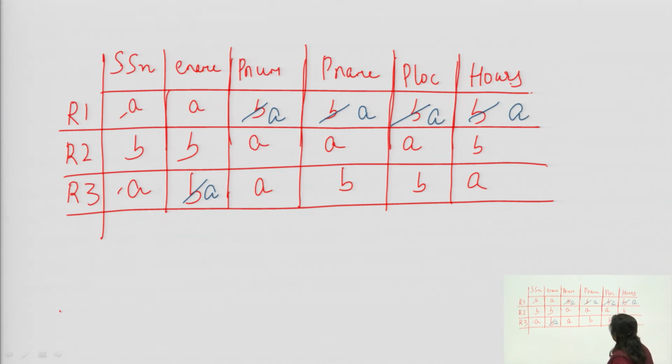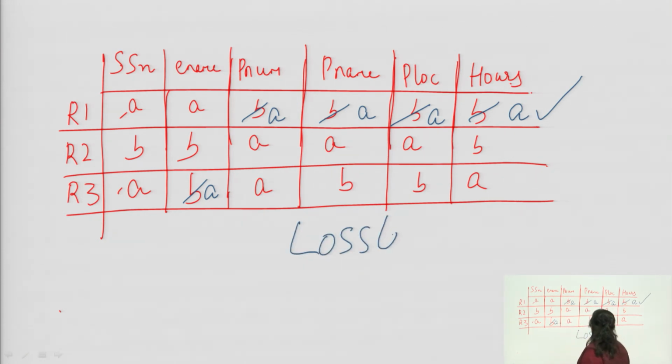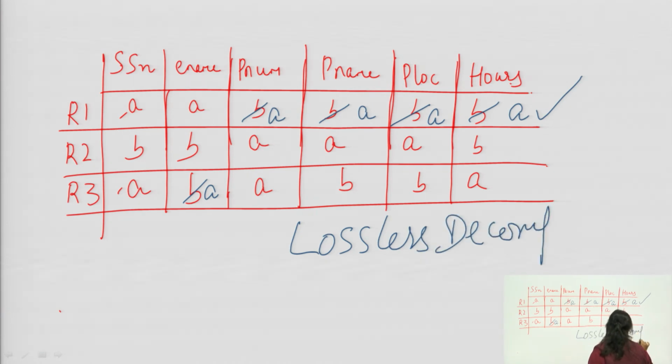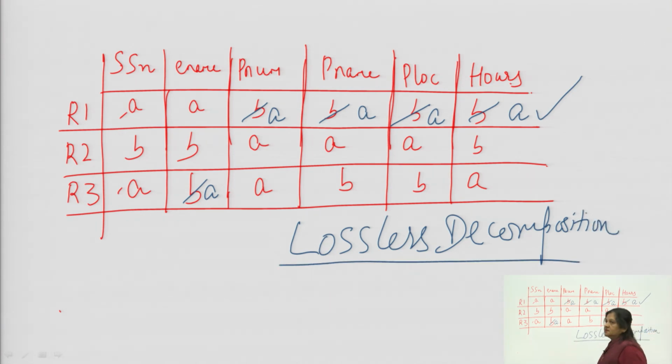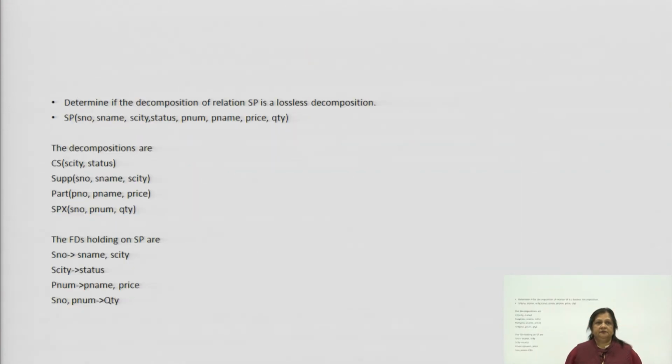Now, if we look at our matrix, we will see that all the entries in row R1 are A values, and hence we say this is a lossless decomposition, right.